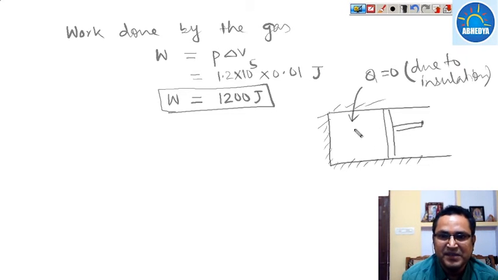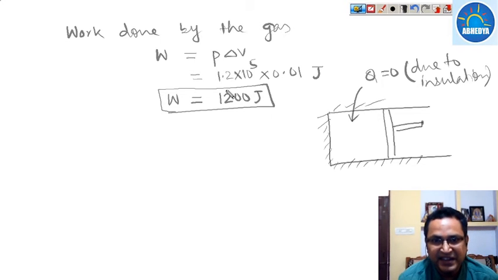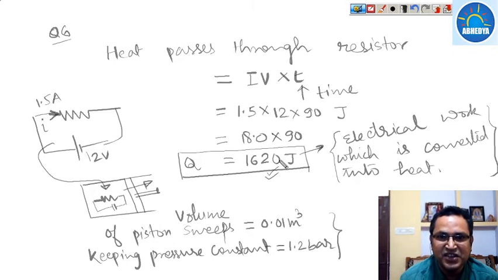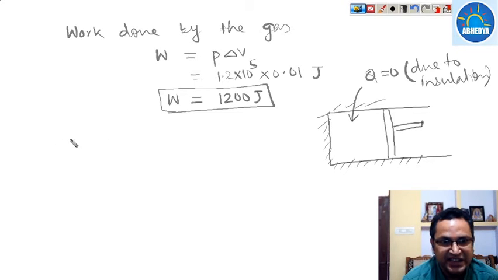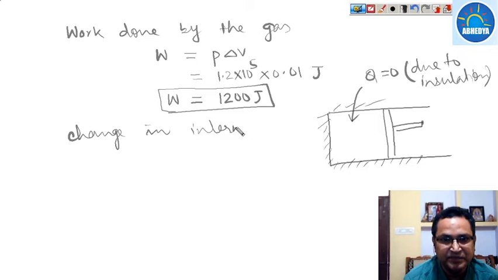But within the system basically heat is generated. So how much work has been done? That is 1200 joule. But how much heat is liberated? So heat liberated is 1620 joule. Okay. So change in internal energy, delta U, this is nothing but heat liberated, that is 1620 joule.